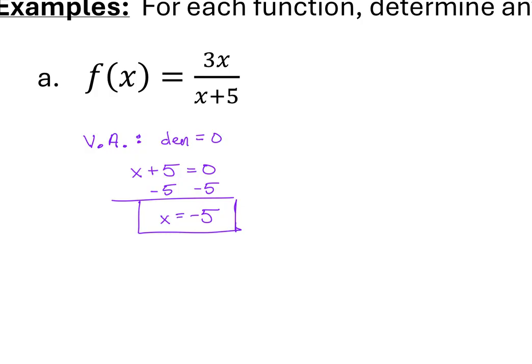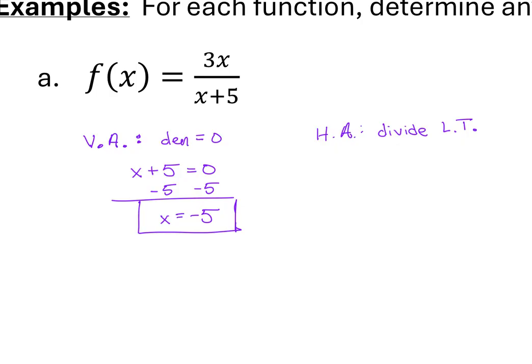All right, for our horizontal asymptote, you can go ahead and compare degrees and all that, and that's fine. But what I like to do is divide the leading terms. We're going to have one of two things happen.